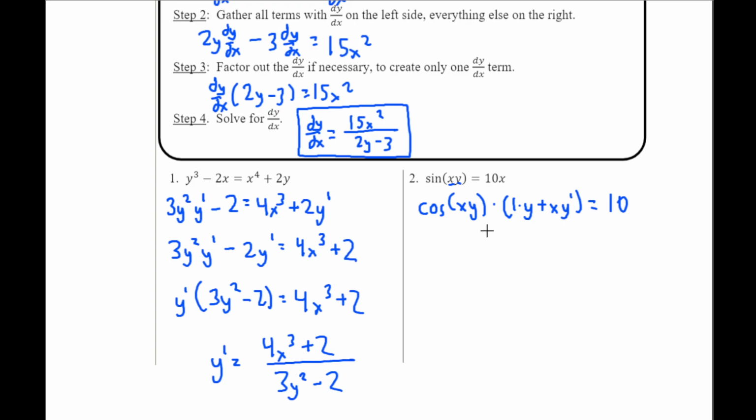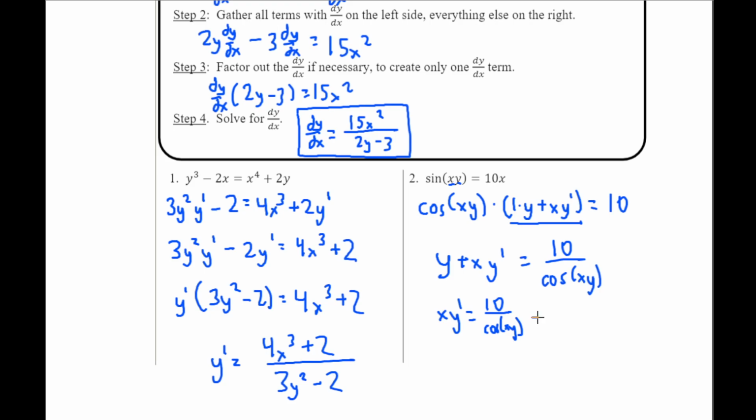So now, let's divide both sides by cosine of xy. What I have here underlined is what we have on the left now. Y plus xy prime is equal to 10 over cosine of xy. And now we can subtract the y over. So xy prime is equal to 10 over cosine of xy minus y.